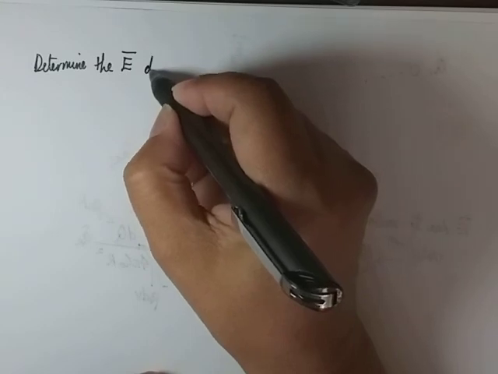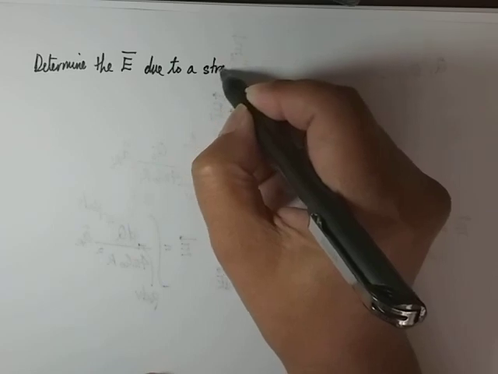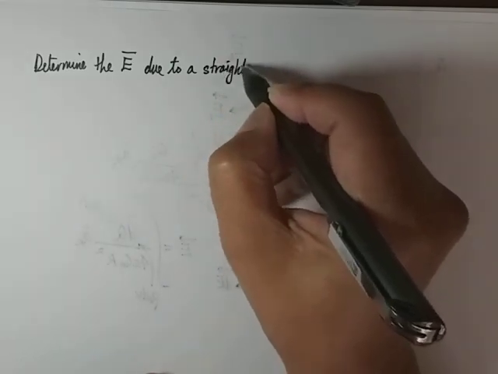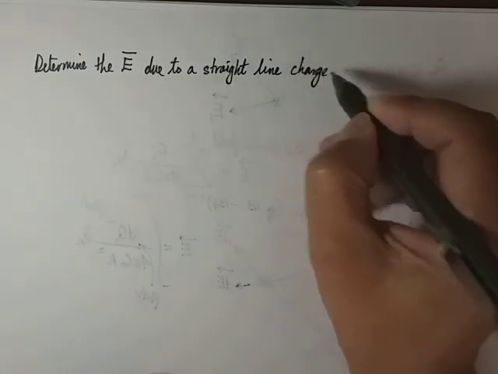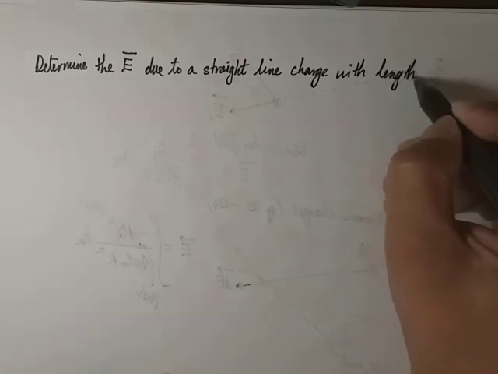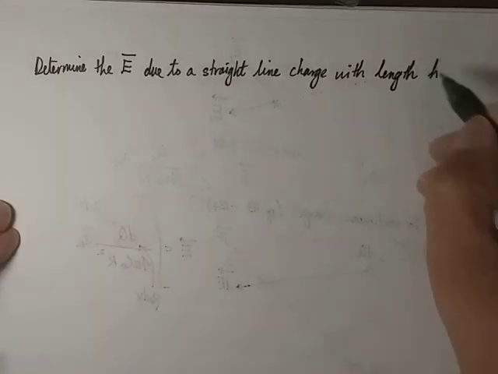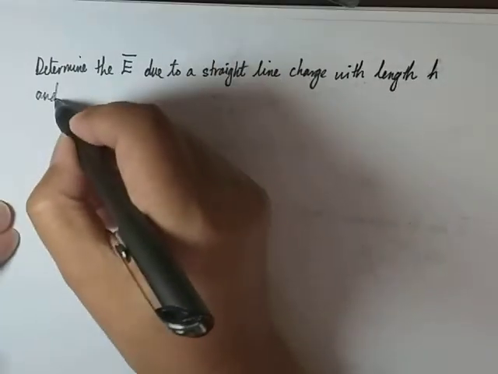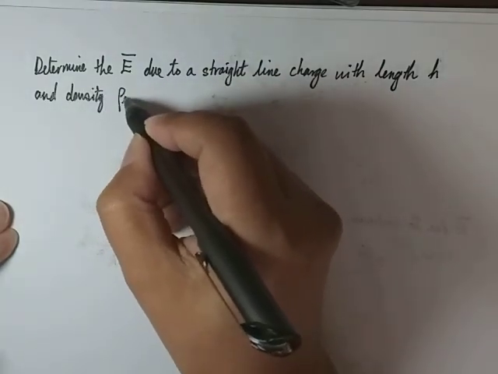I'm going to use the symbol E, because we know E represents electric field intensity, due to a straight line charge with length, let's say h, and density rho L. So let's make a full stop here.